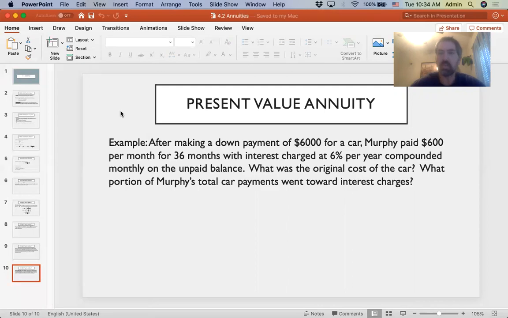Okay, so this is a present value annuity. We're buying the car, so we borrow the money so that we can pay for the car. And now Murphy is paying the bank back $600 per month.